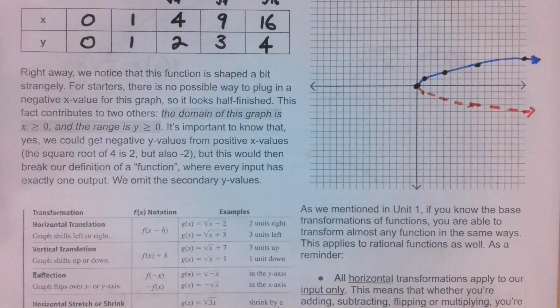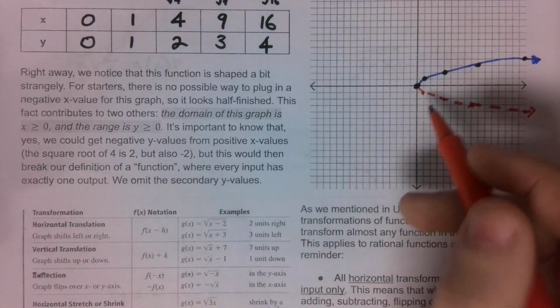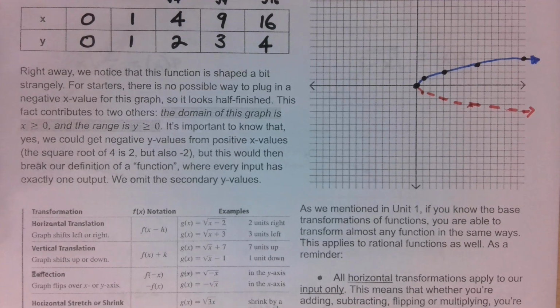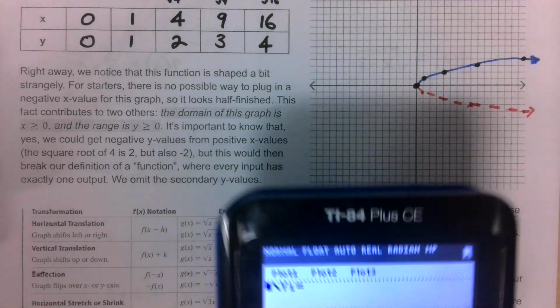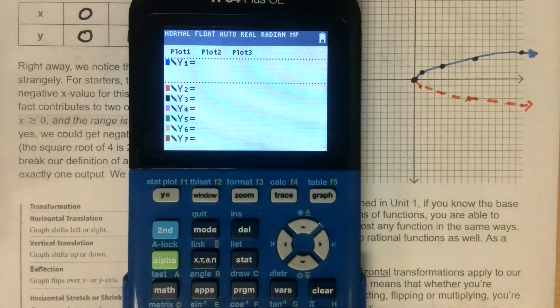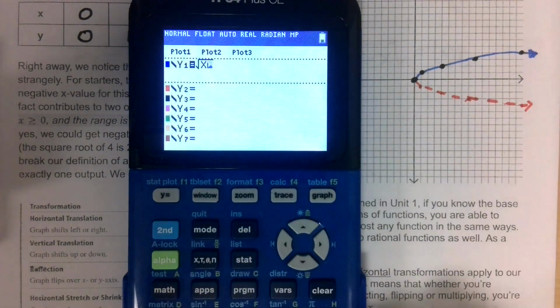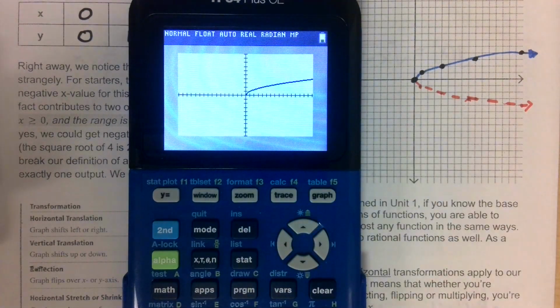And then it hits us. The red version is just a reflection over the x-axis of the blue line. In other words, if we really wanted to make a sideways parabola, it wouldn't be enough to just graph the square root of x. That'll give you half.